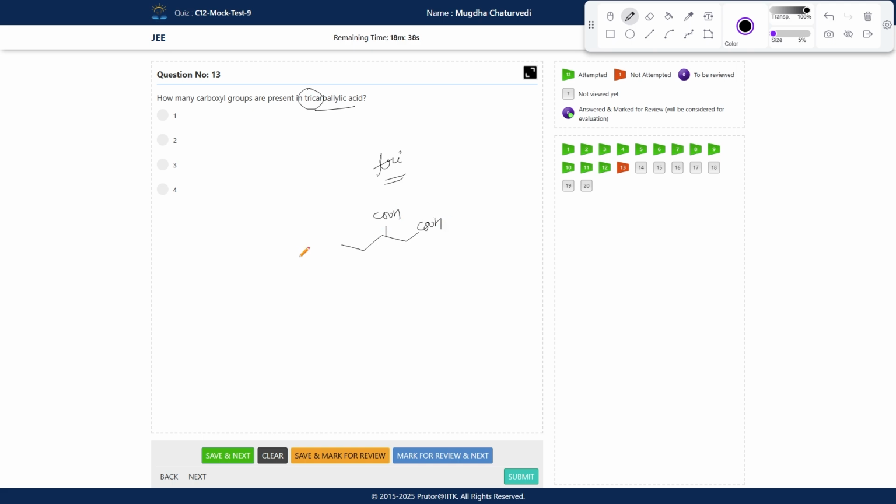So if you carefully see over here, we have 3 carboxylic groups which are present. Okay, so in this case, the correct option will be third. Even if you don't know the structure, if you see tri is coming, so itself you can say that we have 3 carboxyl groups that are present. Okay, now let's see the next one.